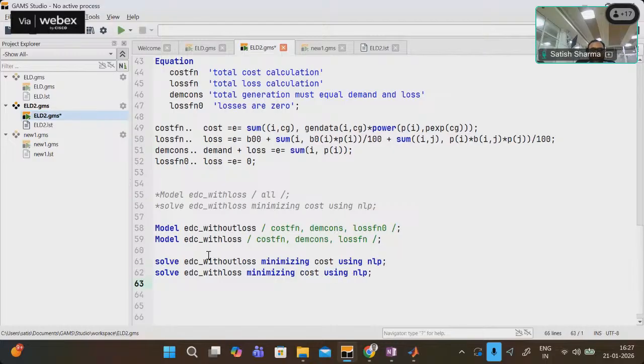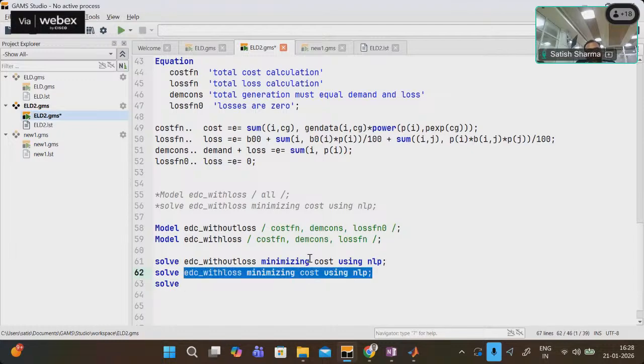Okay, then in line number 61 we are solving the model without losses and we are minimizing the cost here. Then at 62 we are solving EDC with losses, again minimizing the cost. Sometimes we perform a loss minimization objective as well, where we have to minimize the losses.